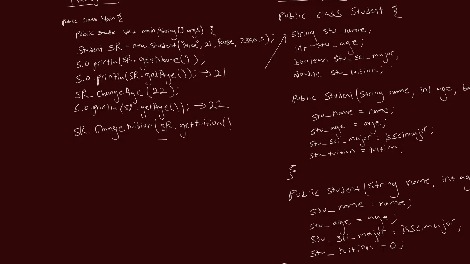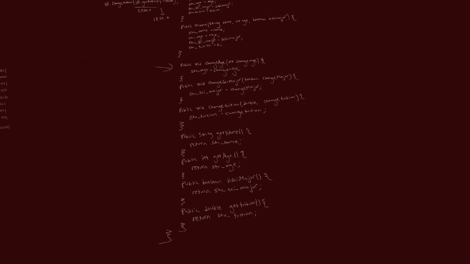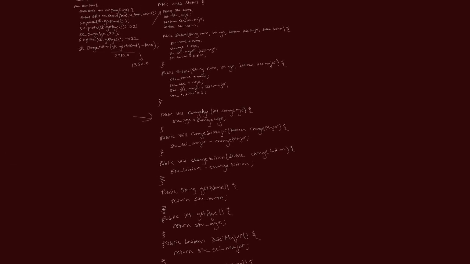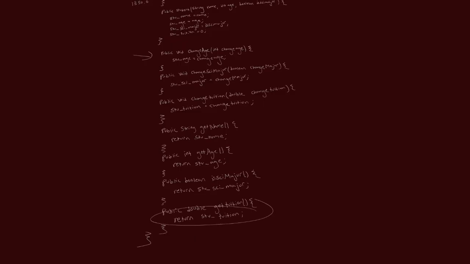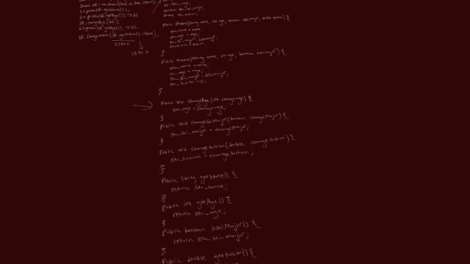Get tuition is obviously $2,350, and then let's subtract 1,000 from it. Okay, this will pretty much return $1,350. So when we do sr.getTuition, we get our tuition value from here. We put that in change tuition, and then we subtract 1,000 from it. Okay.